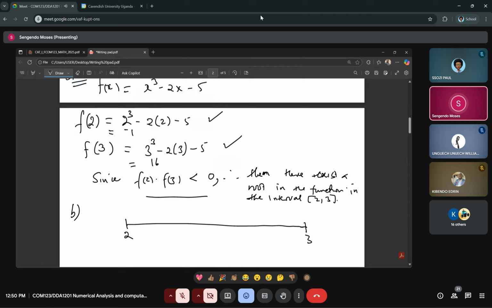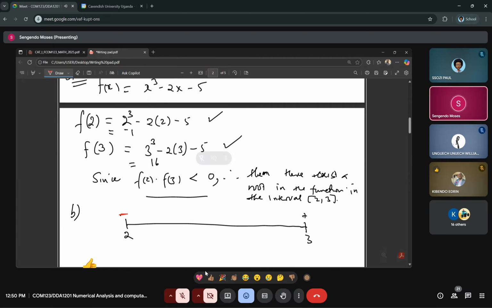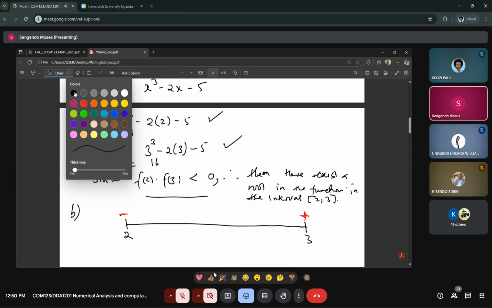For f(2) add a negative sign, for f(3) add a positive sign, just like that. That is going to help me decide which interval I should look at after.